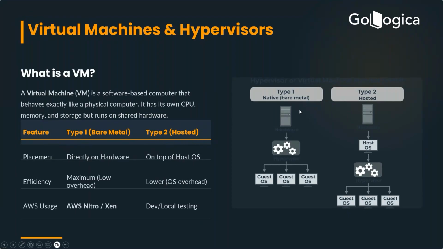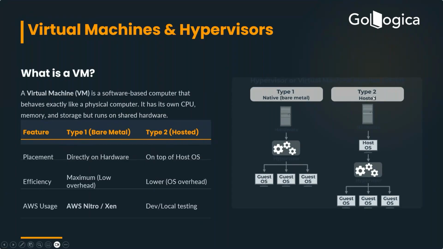You have the physical hardware, and directly on top of it you install the hypervisor and create your virtual machines. Each virtual machine has its own guest operating system, independent, and on top of that you can run whatever application you need.